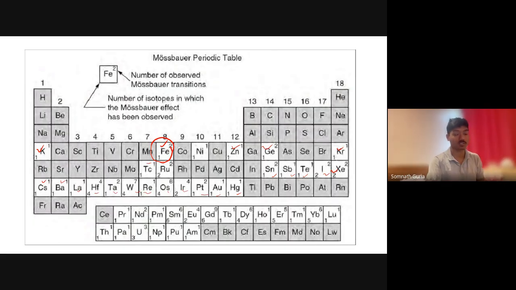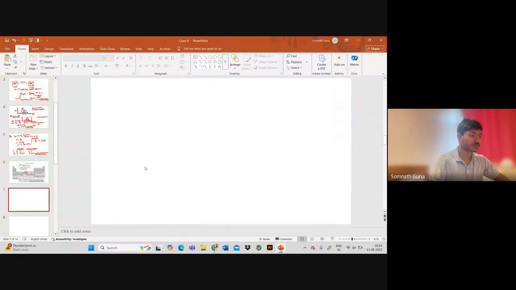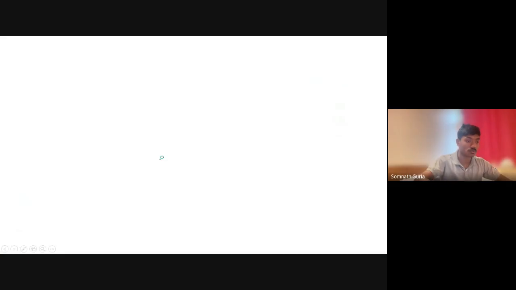All those changes can be observed by Mossbauer spectroscopy. So we have some isotopes that are majorly monitored.